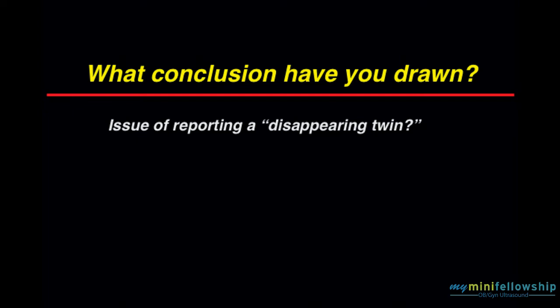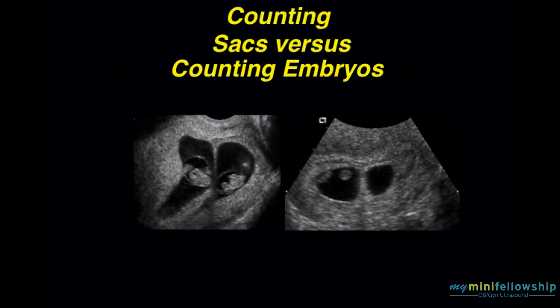So I really don't know what to tell you about this, but I have profound misgivings about the notion of the disappearing twin. So the issue of counting embryos versus counting sacs, I think, is a profound psychological and ethical issue.